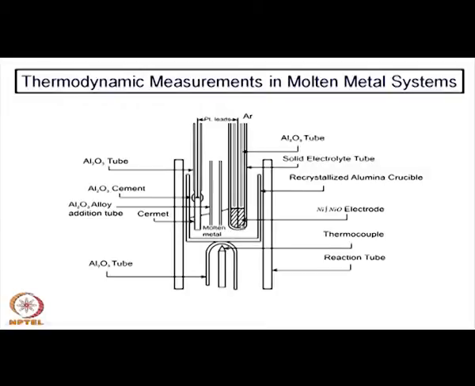So, that is a measure of the oxygen potential of the molten metal, and the reference electrode here is of course of a different type, not air as a reference electrode, but a different system used as a reference electrode. It is a mixture of metallic nickel and nickel oxide.